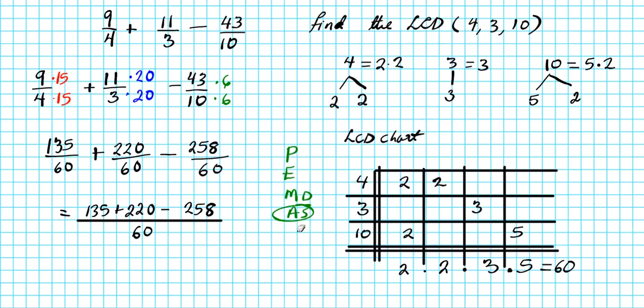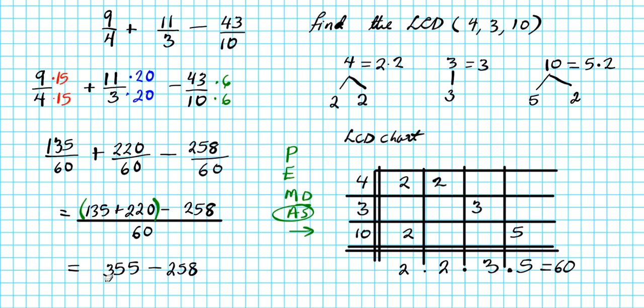Okay, so we just add and subtract from left to right. So we're going to do the first two first. 135 plus 220. 5 plus 0 is 5. 3 plus 2 is 5. 1 plus 2 is 3. So we have 355 minus 258.